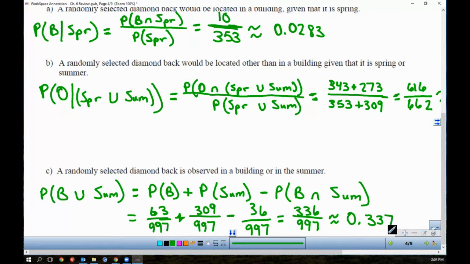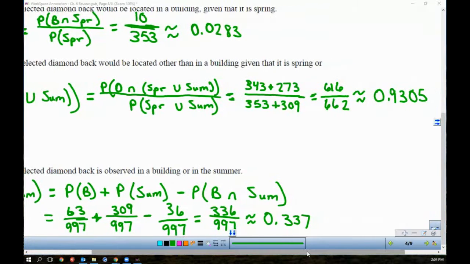Okay, what next one would y'all like to look at? What would go for B? For B, yeah, I never wrote that down. There you go. That's 7? Okay.